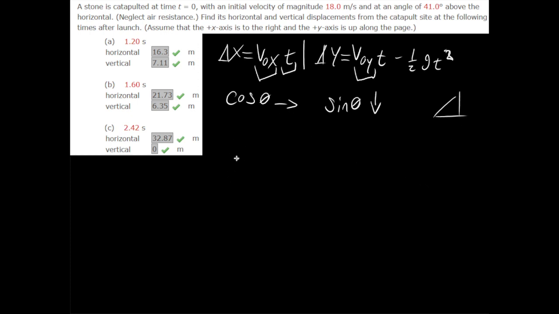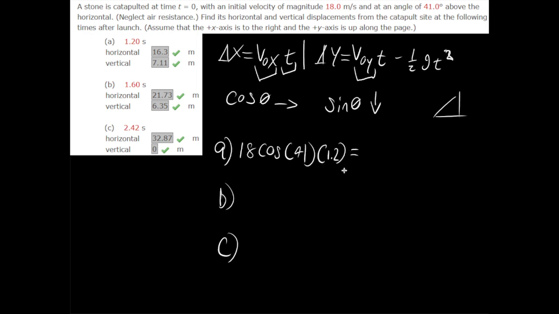So from this, we can say that for our A horizontal, it would be, let's just do B here and C here. It would be 18 cosine 41 times t, which is times 1.2.